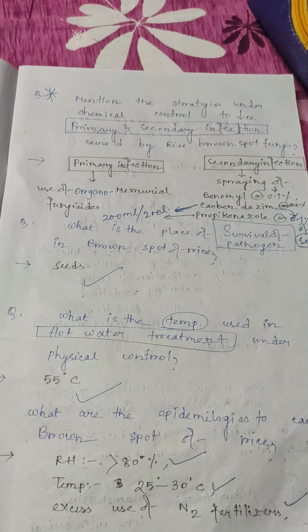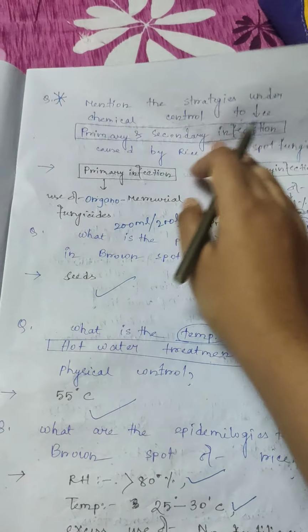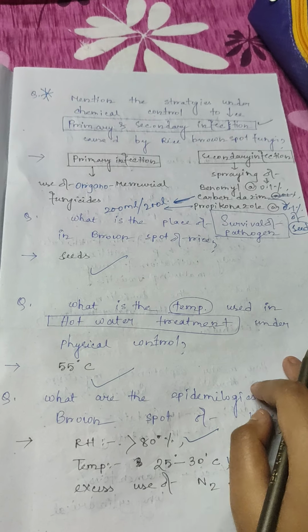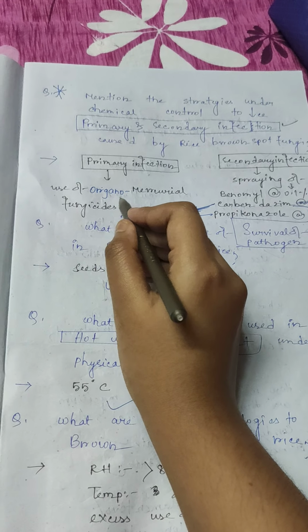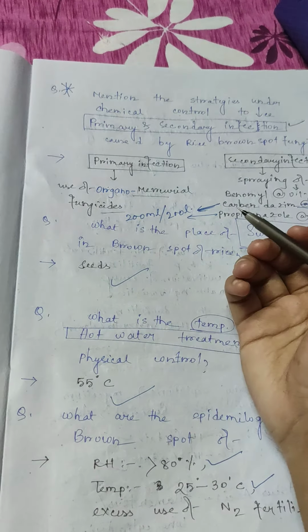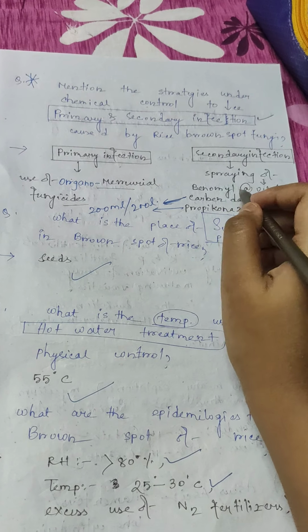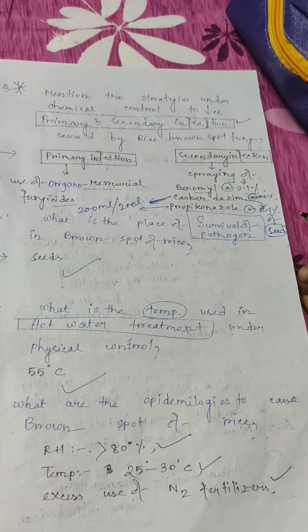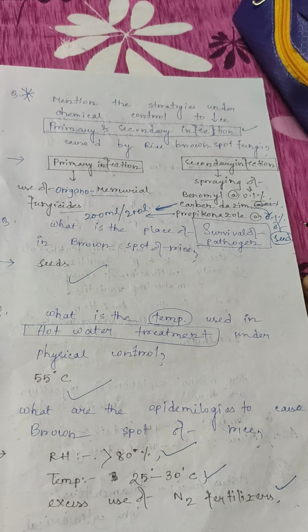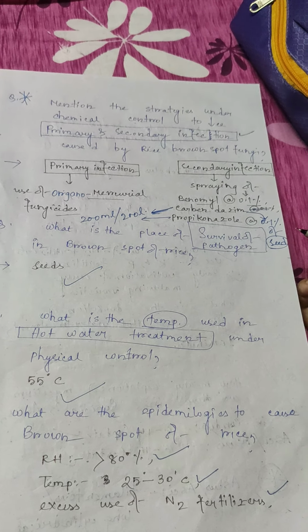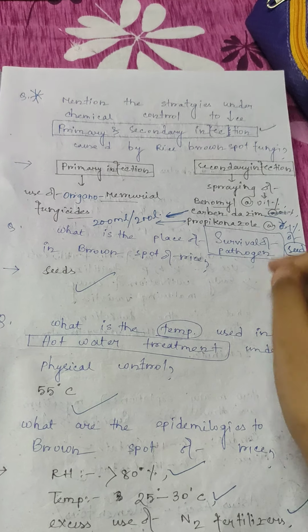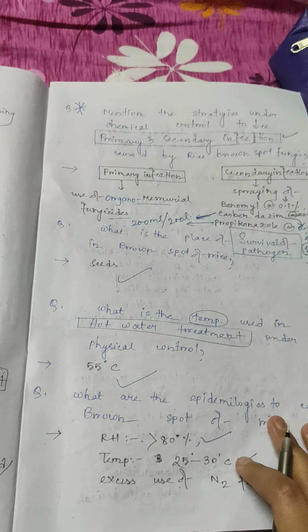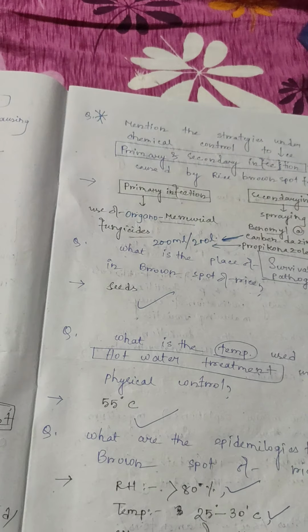Under chemical control, for primary infection use organomercurial fungicides, and for secondary infection spray Benomyl at 0.1% or carbendazim 200 milliliter per 200 liter of water, or propiconazole at 0.1%.